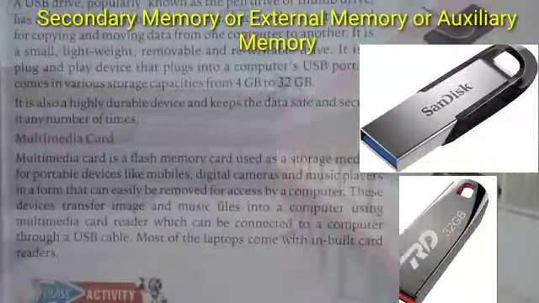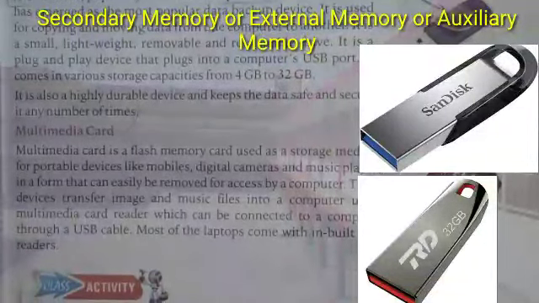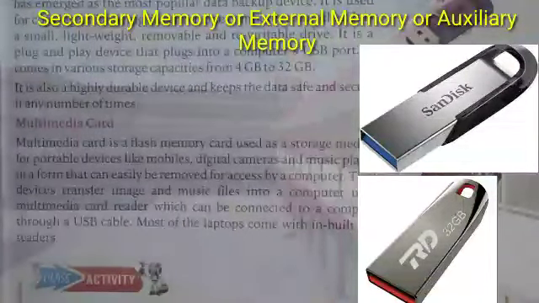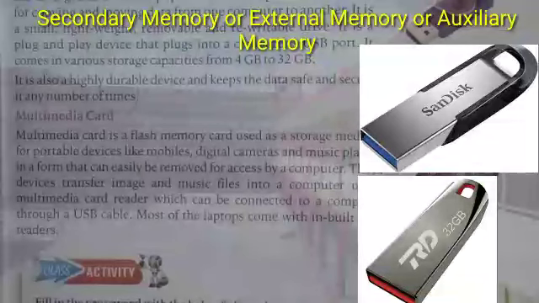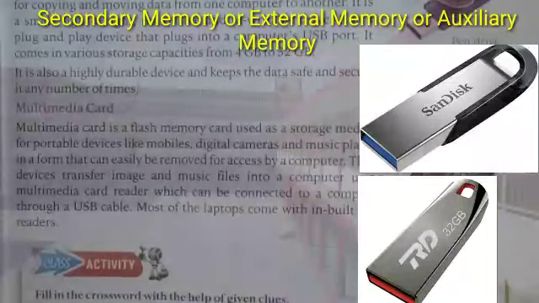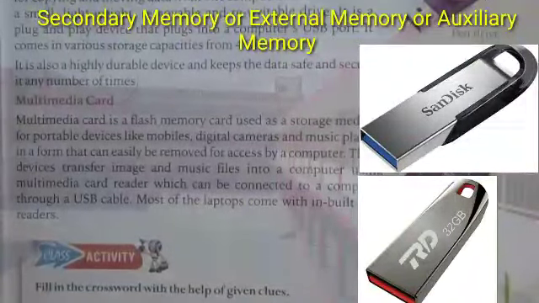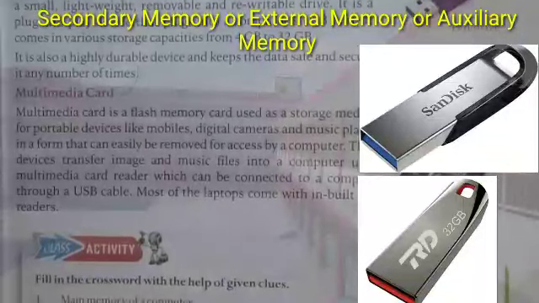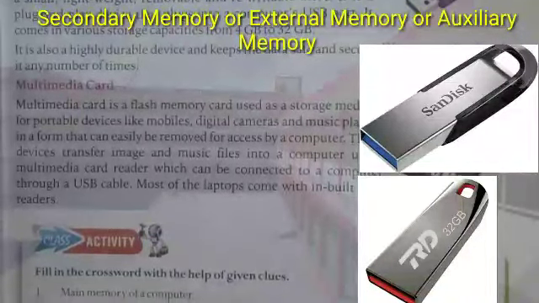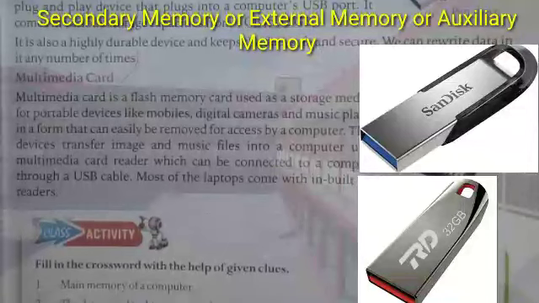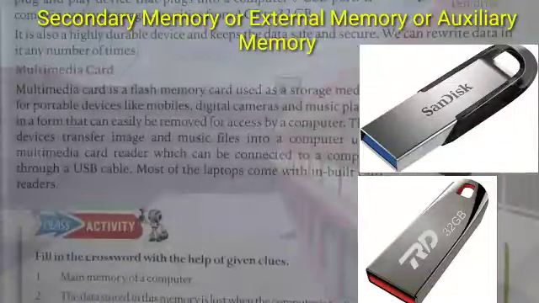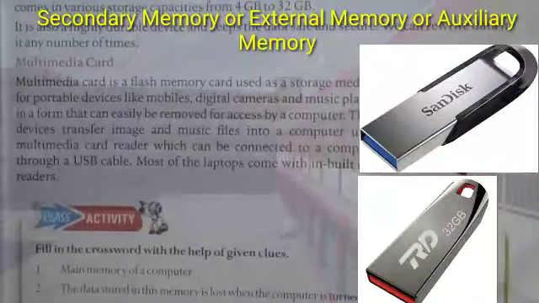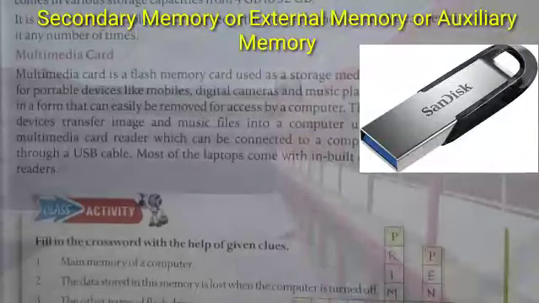It is a plug and play device that plugs into a computer's USB port. It comes in various storage capacities from 4 GB to 32 GB. It is also a highly durable device and keeps the data safe and secure. We can rewrite data in it any number of times.